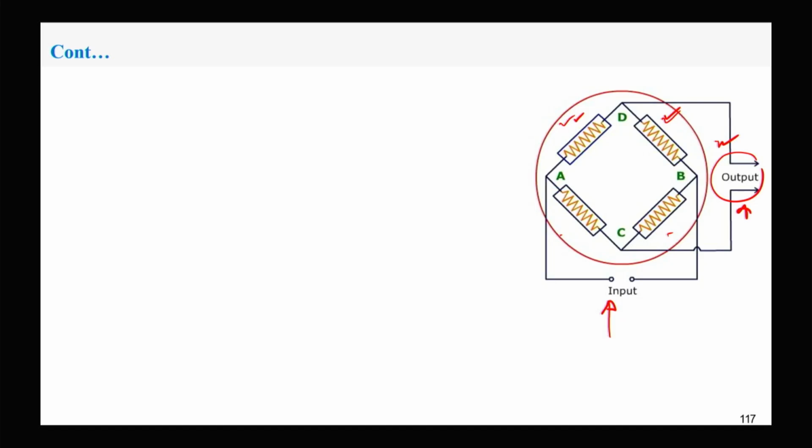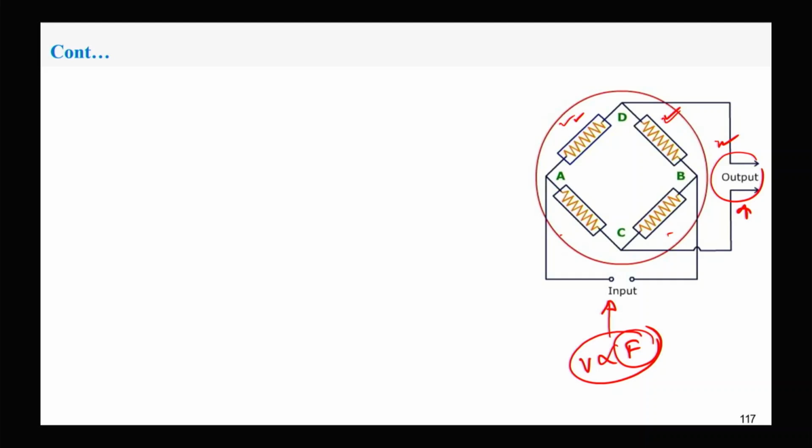This voltage generated is a function of the force. So this voltage is measured, but we are indirectly getting the force value. So this is the principle.